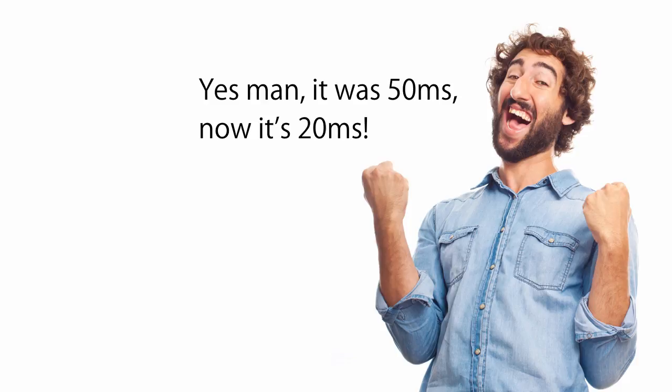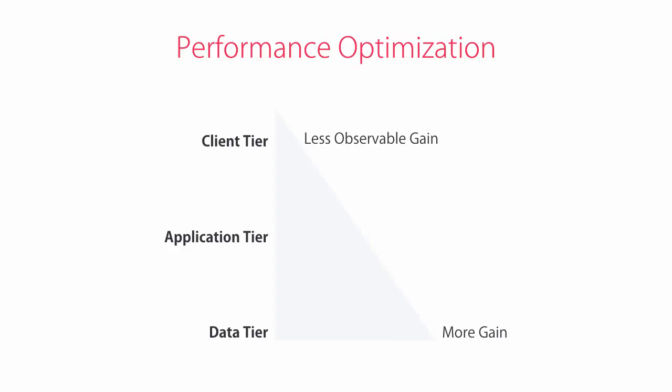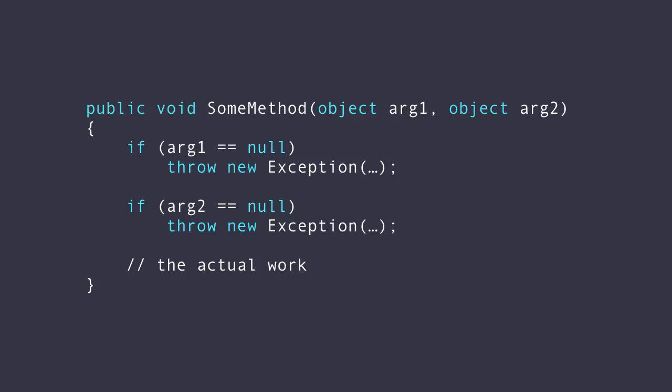In contrast, optimizing your database and its queries can reduce the response time of your application from 5 seconds to half a second. Is this observable? Absolutely. So just to clarify, I'm not saying we should not spend any time optimizing the application or client tiers. I'm saying optimizing performance problems in the data tier will have the most gain compared to optimizations in the application or client tiers.